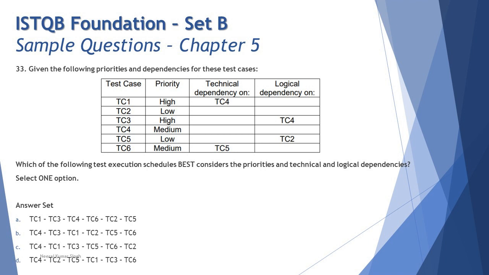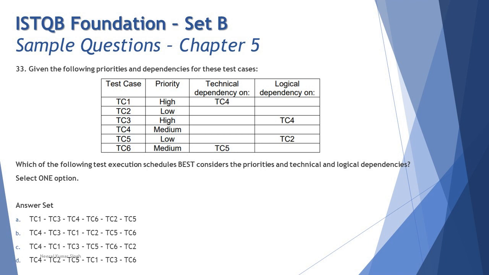Given that 3 is covered now, let's jump into the next test. So both the highs are done. Now let's move to the medium. We see TC4 is already done, and the other medium test case is TC6. And that is dependent on TC5, technically. So without that, I cannot proceed. TC5 is low, but dependent on TC2.